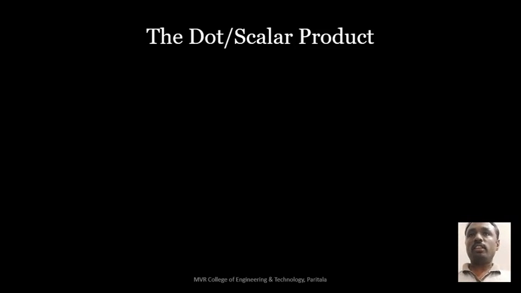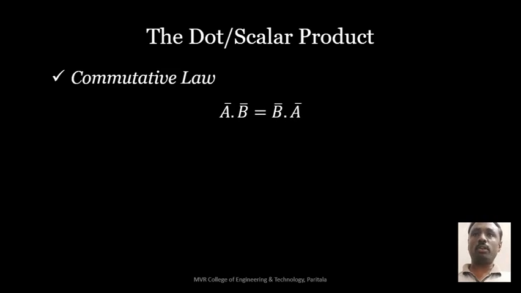And what is the result of B bar dot A bar? It is BxAx plus ByAy plus BzAz. So both are the same. So the dot product also follows the commutative law. Here we need not talk about the associative law, because in a product of two vectors we need not talk about the associative law.